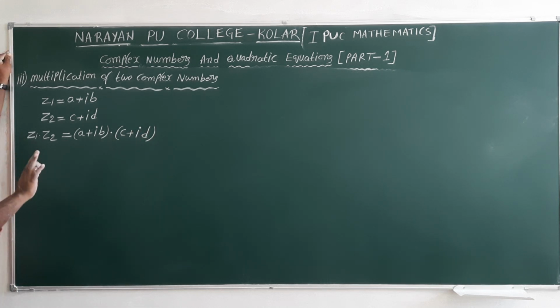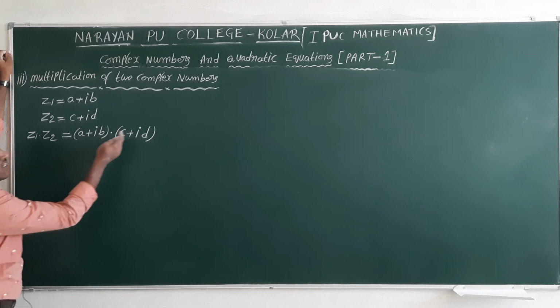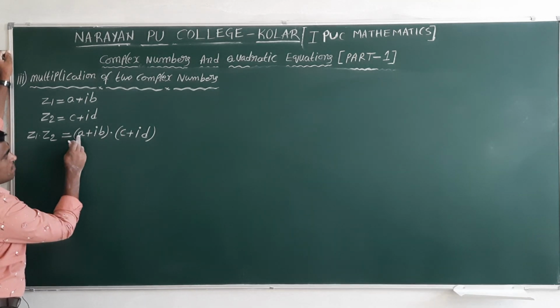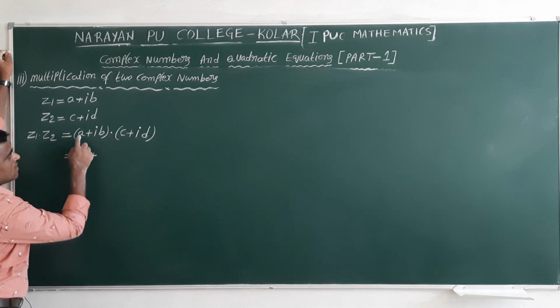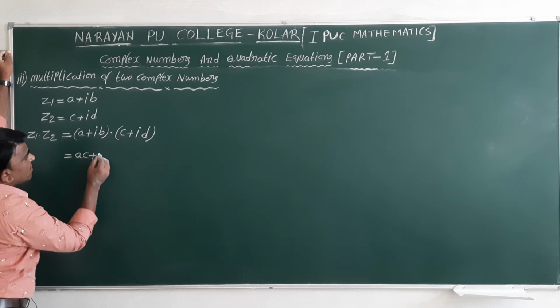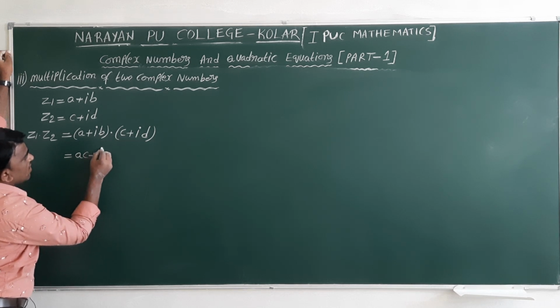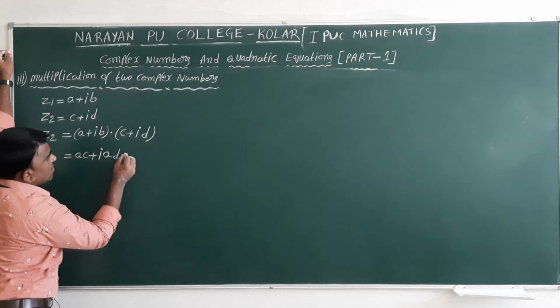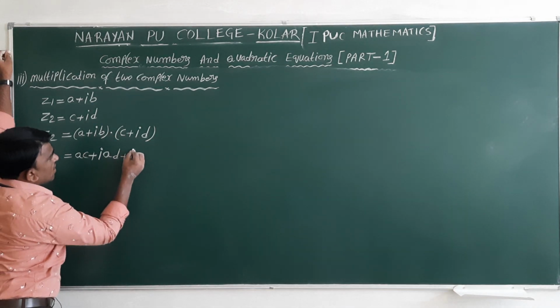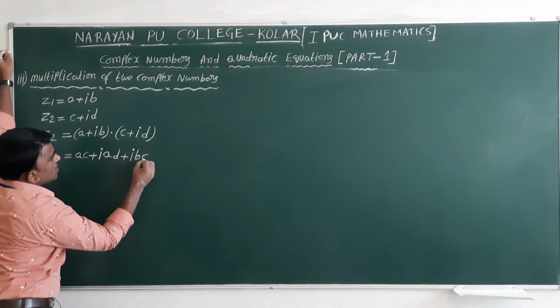We know in general how to multiply two values. First multiply A into C, AC, plus A into ID, IAD. Next multiply with IB: IB into C, IBC.